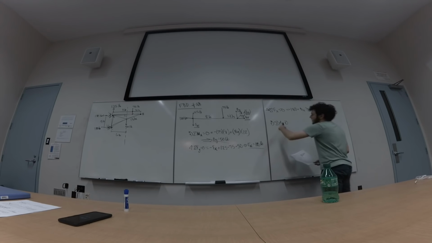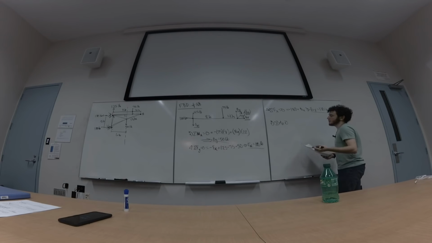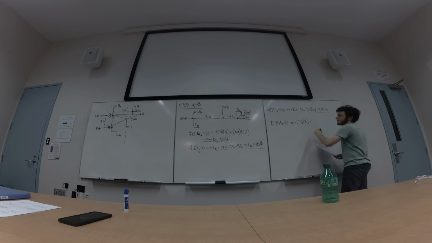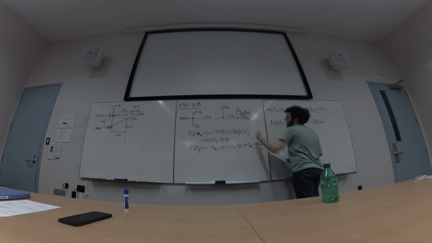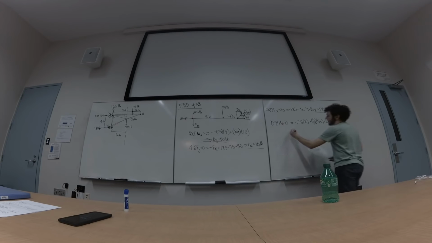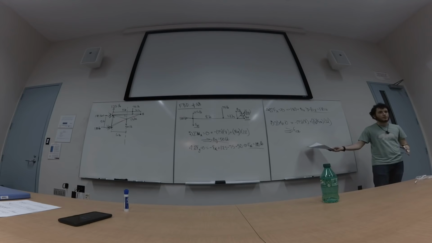Counterclockwise positive, summation of moments about A is 0 equals negative 75 times 8 plus 5/13 FCB. We know that's positive, and we've got the 5/13 because we're looking at the vertical component of that force, times 12 inches. And that'll give you FCB.